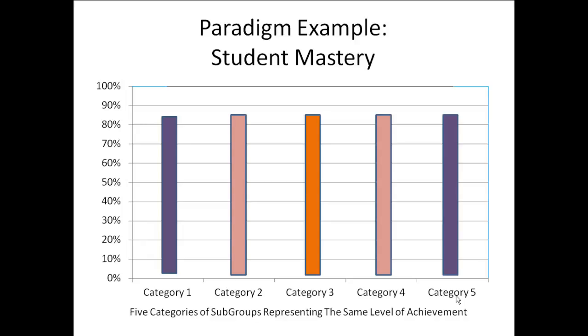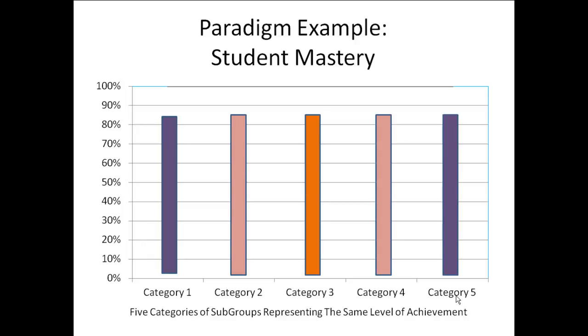So what does this mean? This means that what we're going to have to do in the classroom if we use this paradigm, and we're going for student mastery across the board at a given set level of performance, this means that we're going to have to differentiate instruction. We're going to have to take a look at equitable distribution of resources to be able to get students to that performance level and so on.